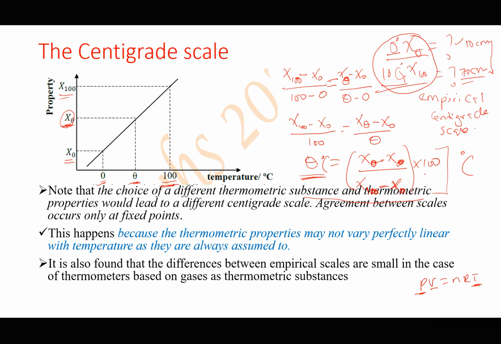However, I mentioned that the difference between the empirical scales is smaller in the case of thermometers which use gases as thermometric substances. Whether the property is pressure of a gas, as long as the thermometers are using gases, the difference in the measurements taken using two different gas thermometers is not very large as compared to thermometers relying on other substances such as liquids.